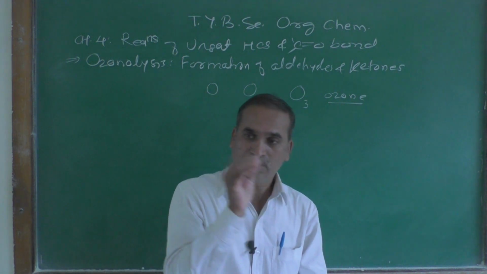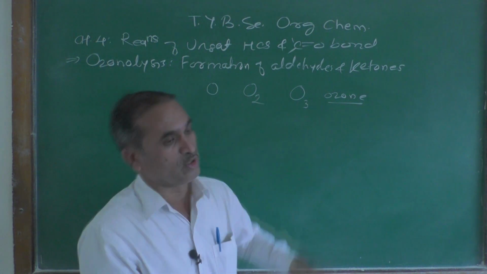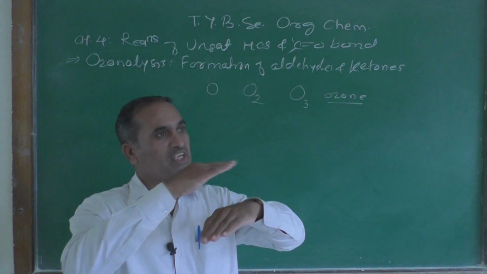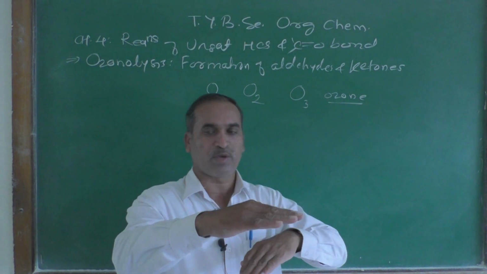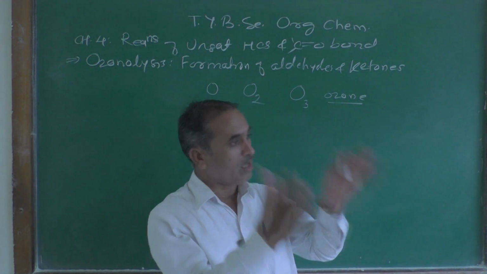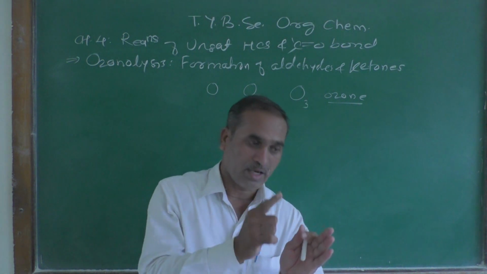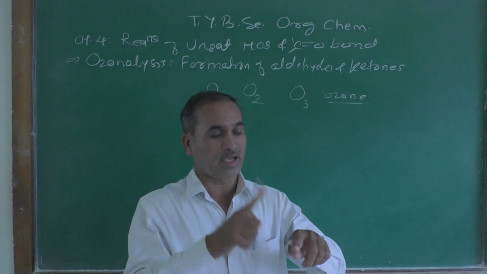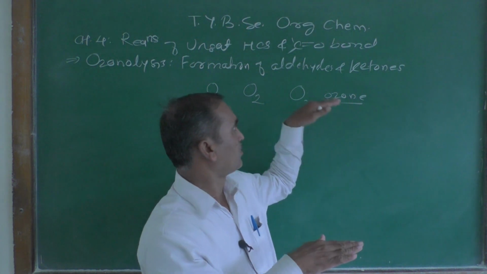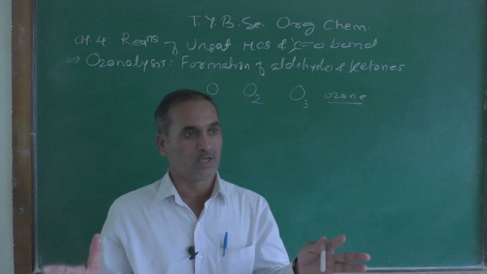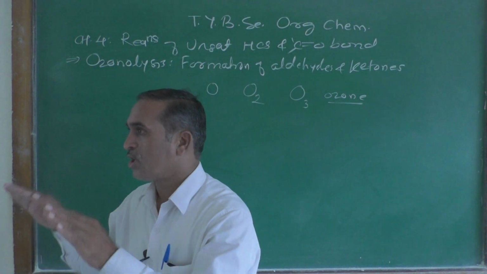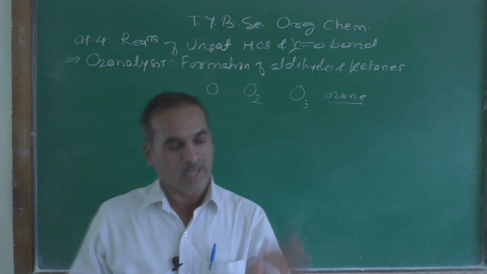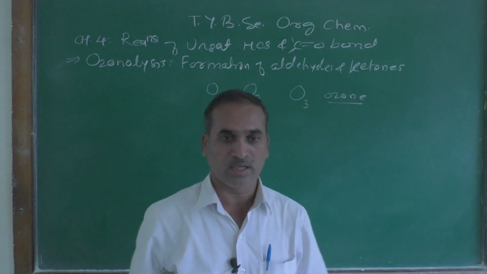In the same way, the ozone layer, a thin layer in the stratosphere, protects the whole earth, because the cosmic rays or hot rays get trapped by this ozone molecule, and we are living happily. All organisms live happily on the earth.